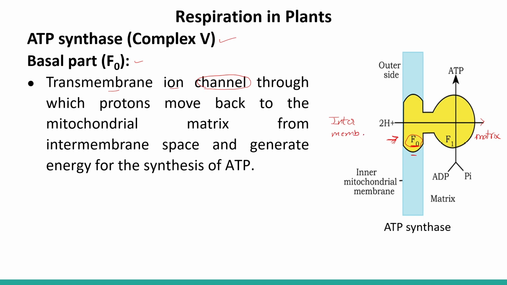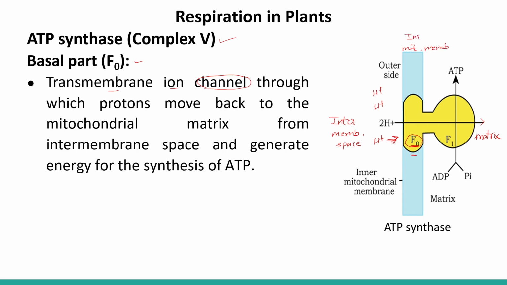So we know that there was accumulation of protons due to downhill transfer of electrons in the intermembrane space. So there were a lot of protons here. This is the inner mitochondrial membrane.